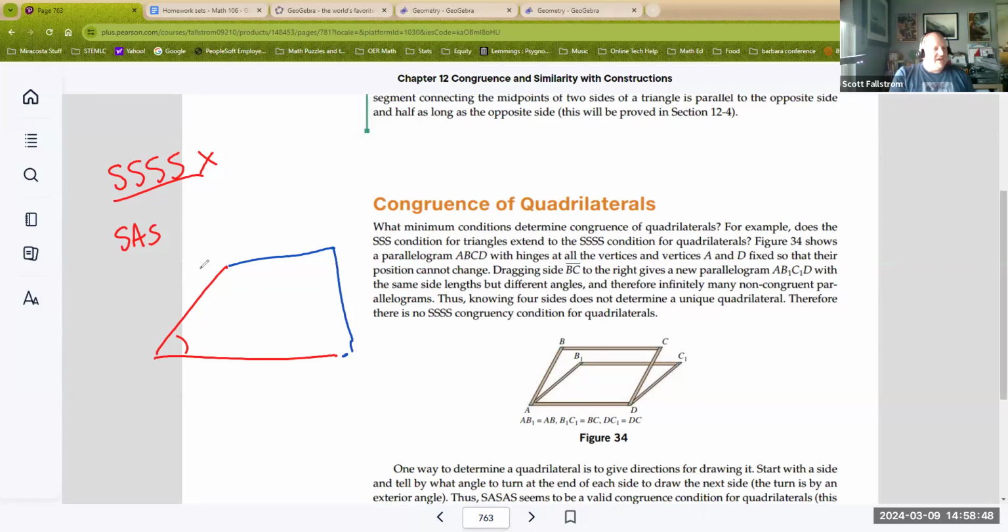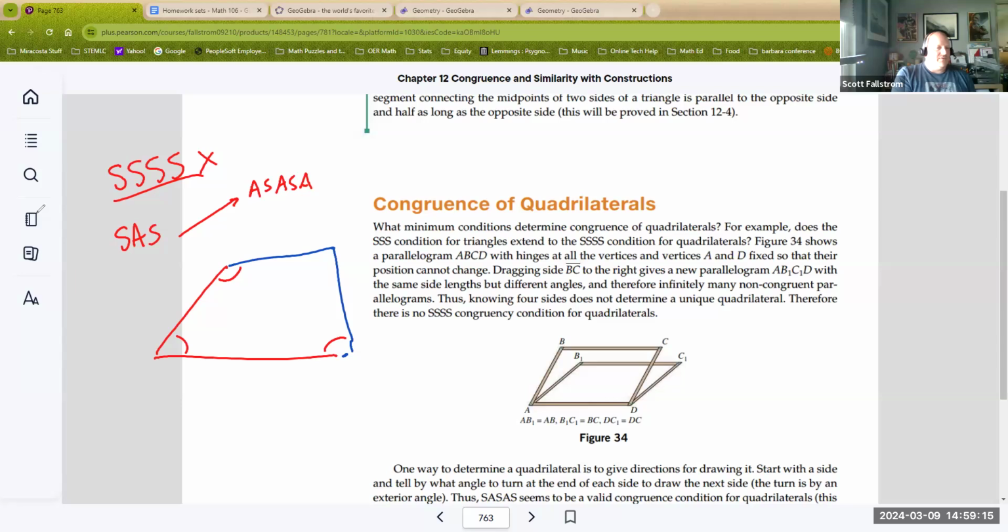In order for me to guarantee that I tell you the correct information, I'm going to need more information from you. If I knew this angle right here, then I have the direction. And if I knew this angle right here, I'd have the direction. So that would mean side, angle, side, angle, side as a quadrilateral. Yes, that would be enough information.